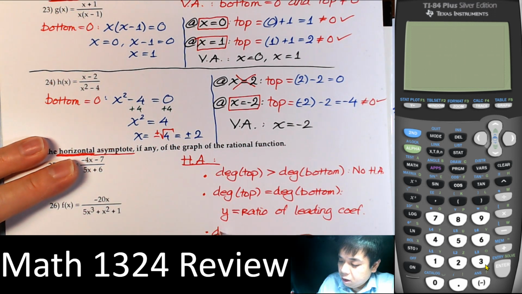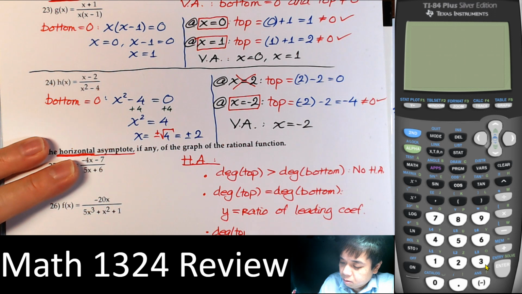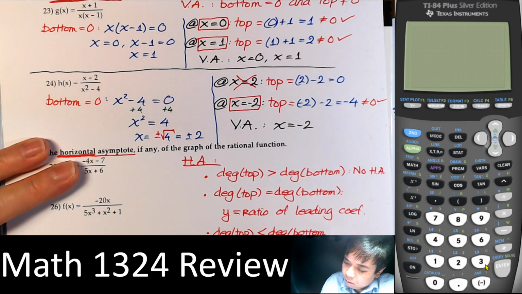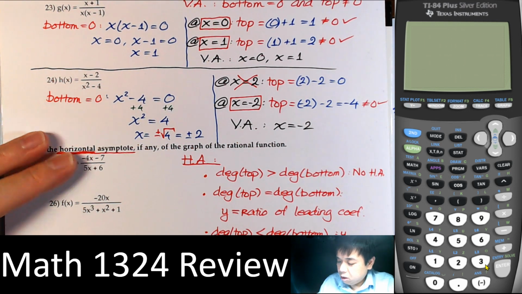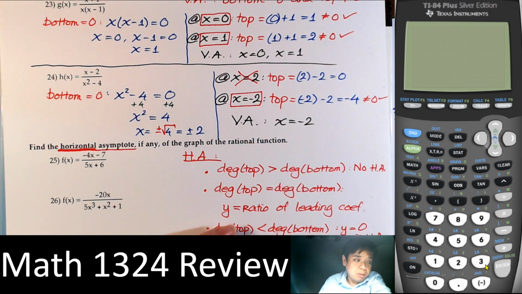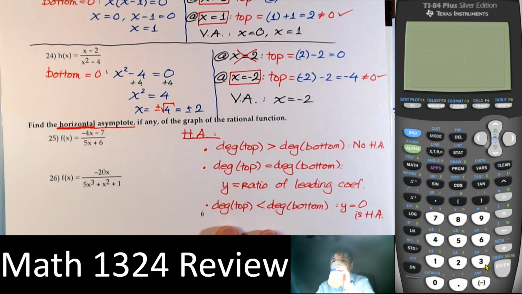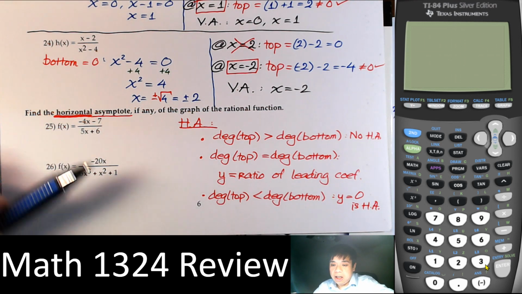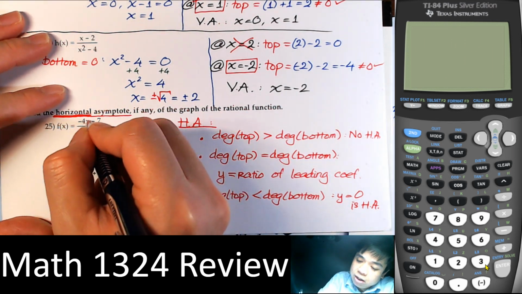And if degree on the top is less than degree at the bottom, then y equal to 0 is the horizontal asymptote. So we have three scenarios here.